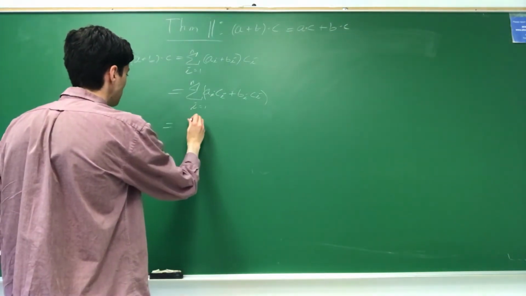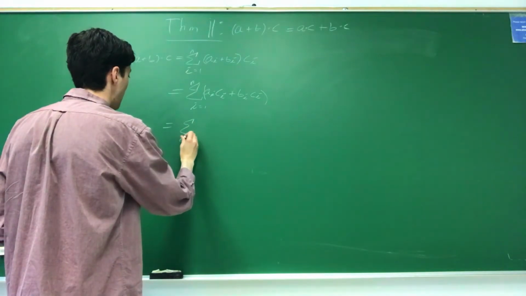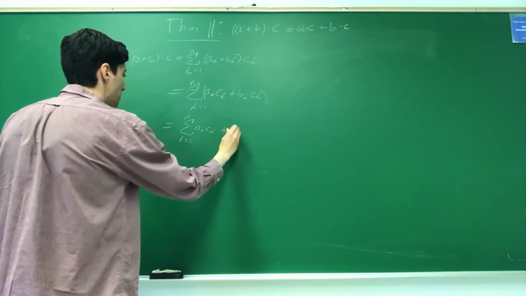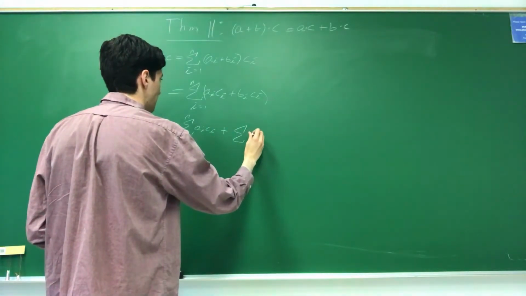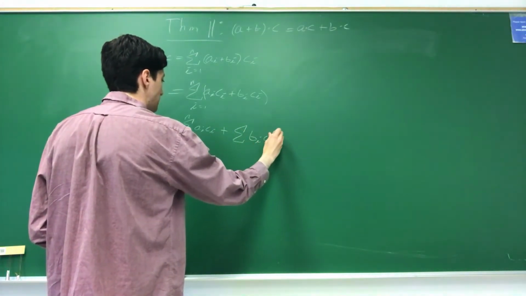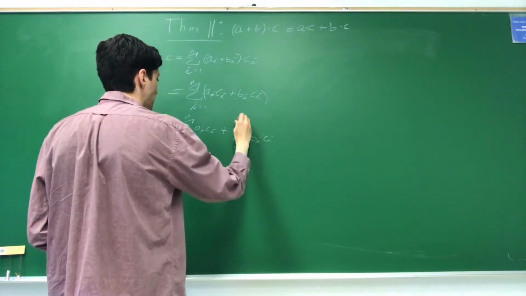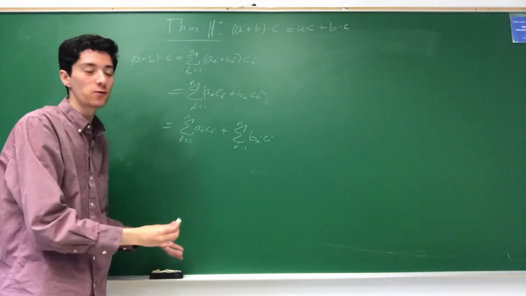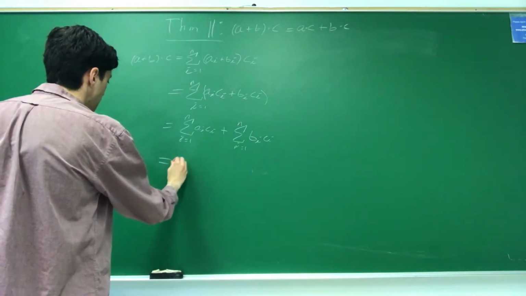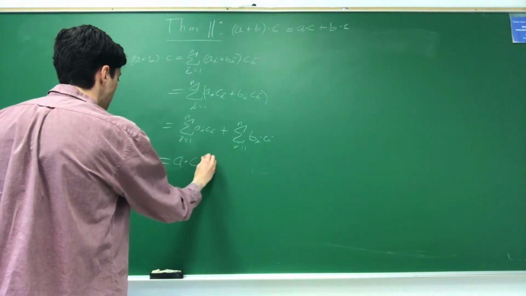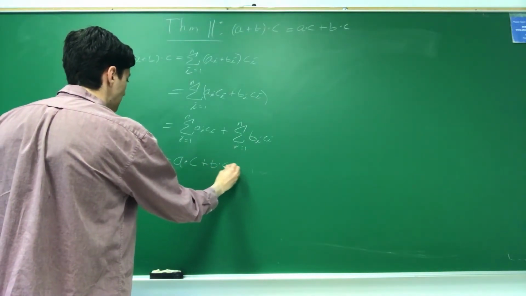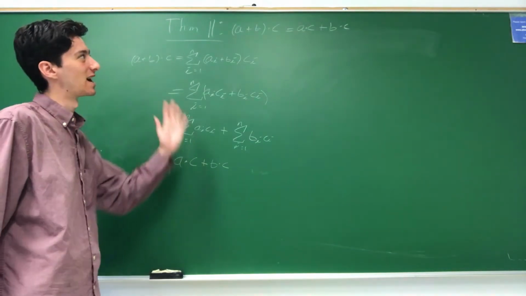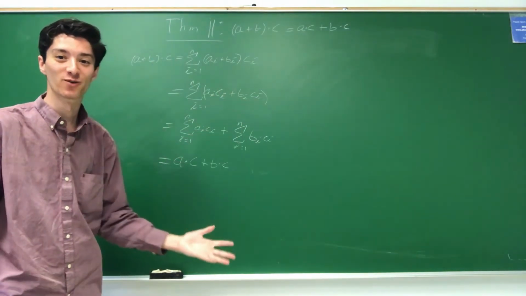So this is equal to the sum, as i goes from 1 to n, of a_i c_i plus the sum of b_i c_i as i goes from 1 to n. Now we simply have the formula for A dot C and the formula for B dot C. So to finish this off, this is equal to A dot C plus B dot C. Hence, proving a very useful property, we now have our distributive property of dot products.